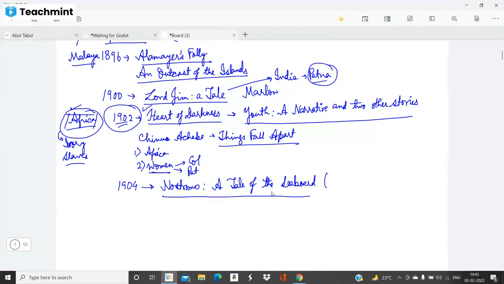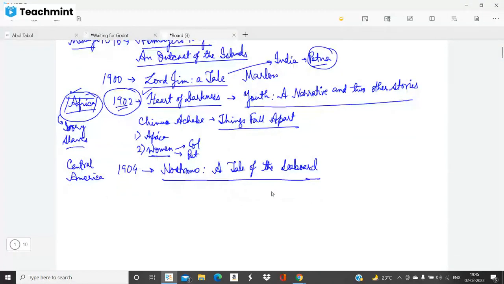Now, this is a very interesting tale as well. Nostromo is about Central America. So, look, almost the entire world is being portrayed by Conrad. It talks about Central America.